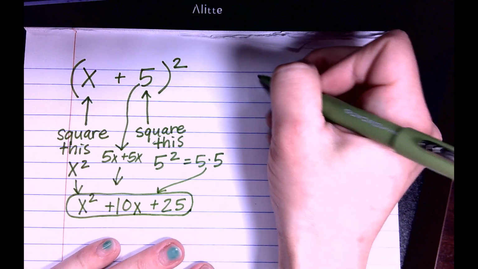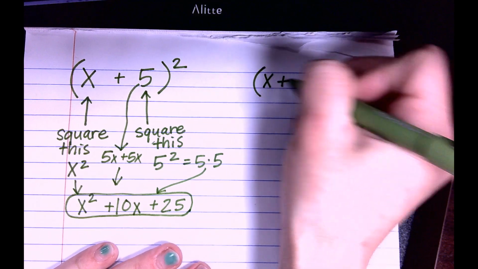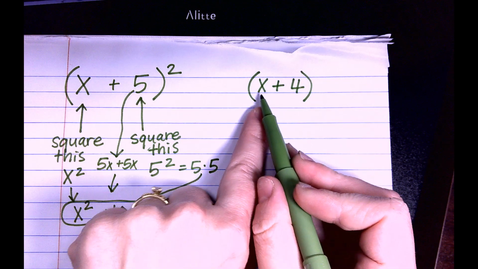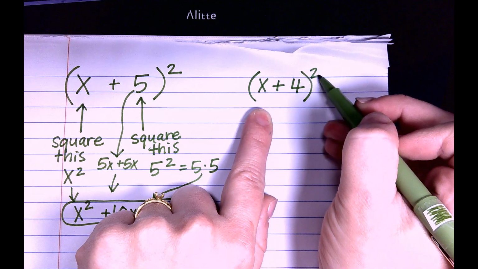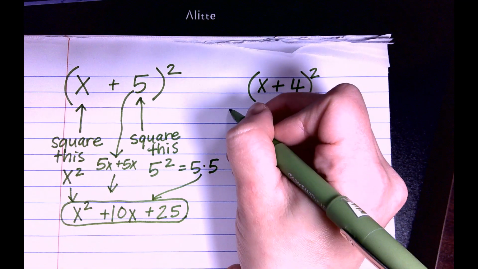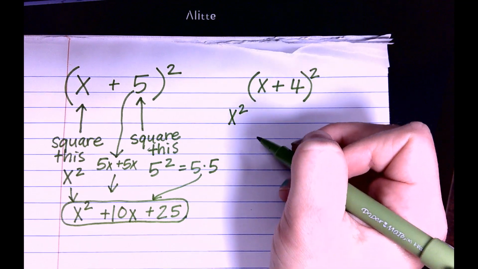Let's try this. X plus 4. What would my first term be? Oh, sorry, squared. X squared. Now this trick, you don't have to learn it. If you know how to FOIL, you know how to get the answer.